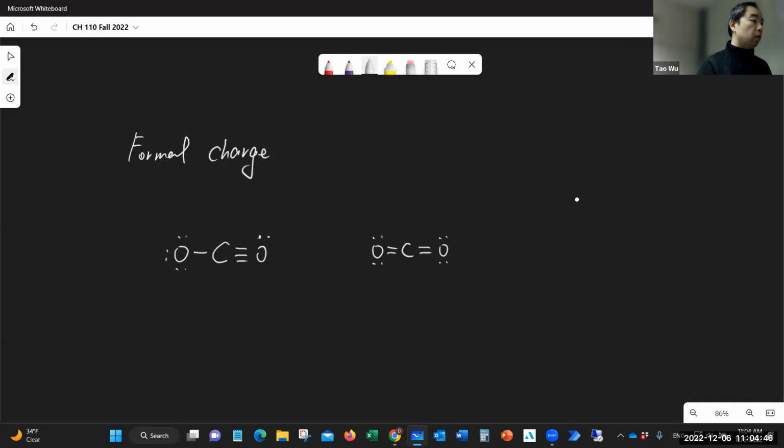Those all have the same Lewis dots shown in the structure, but one has a triple bond and a single bond, and one has two double bonds. Which one is correct? Then we need to use formal charge to determine exactly what the formal charge is for each of the atoms.